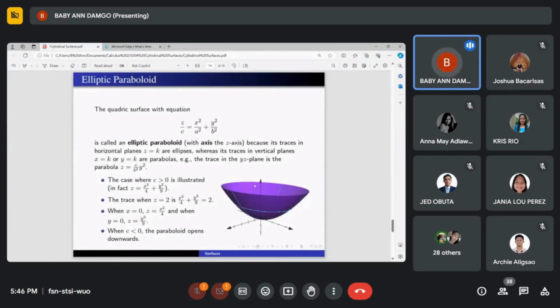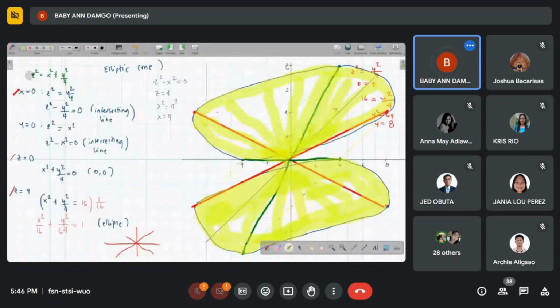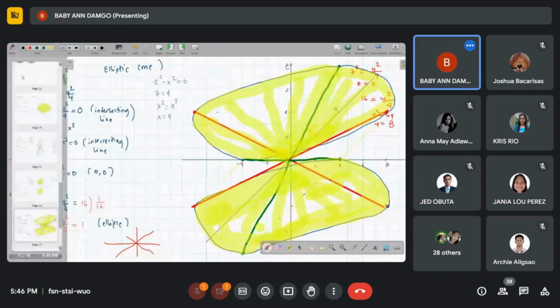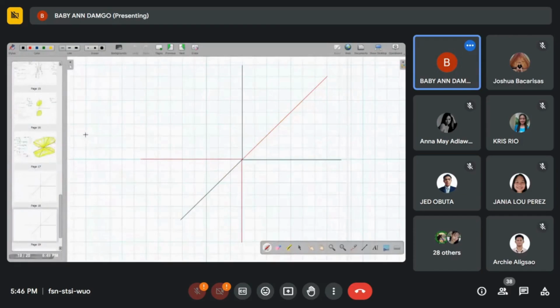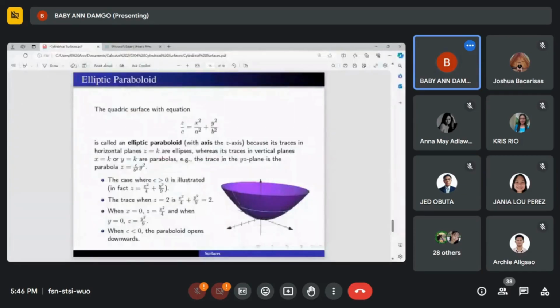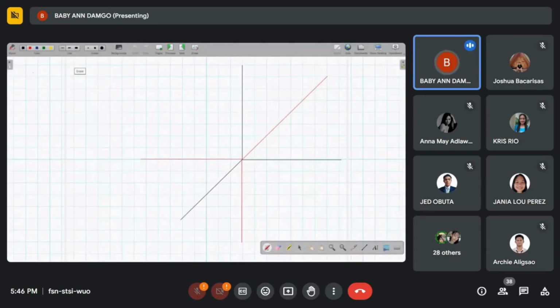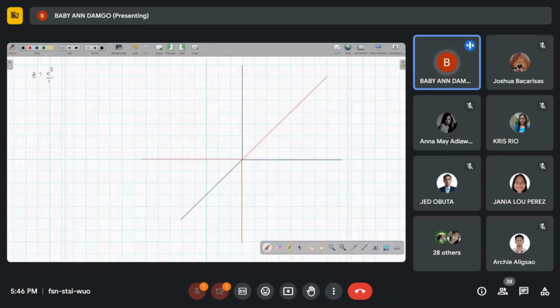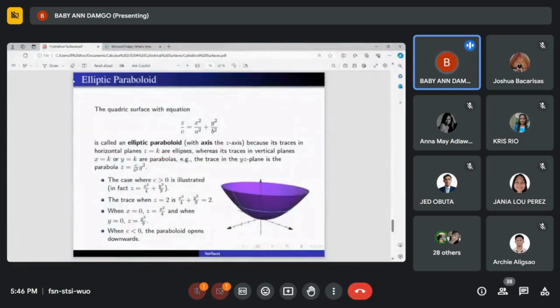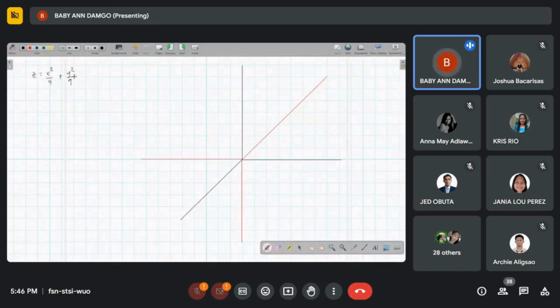Okay? So we have an example. z equals x squared over 4 plus y squared over 9.